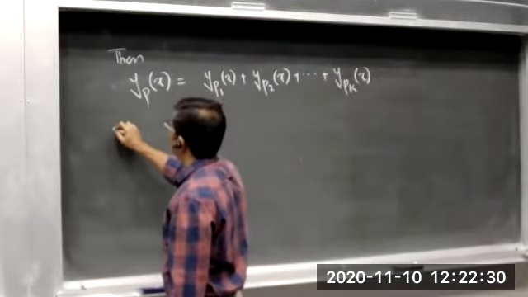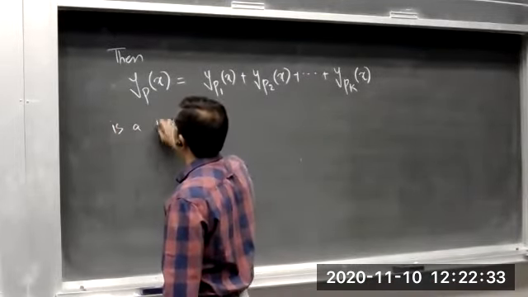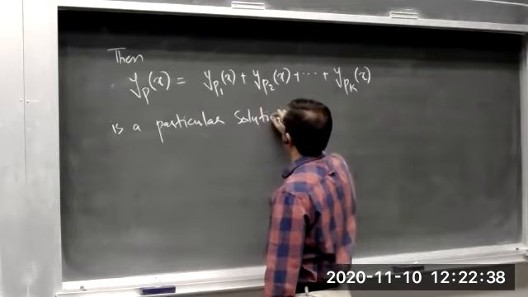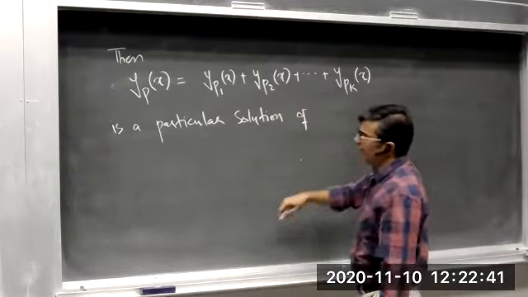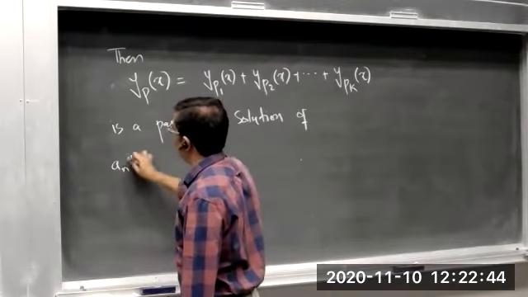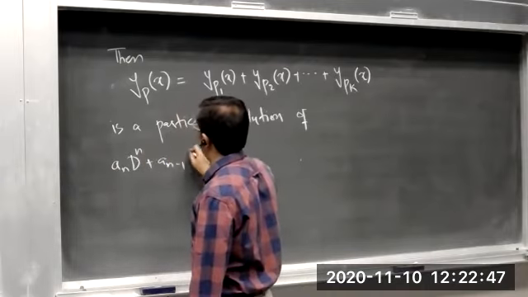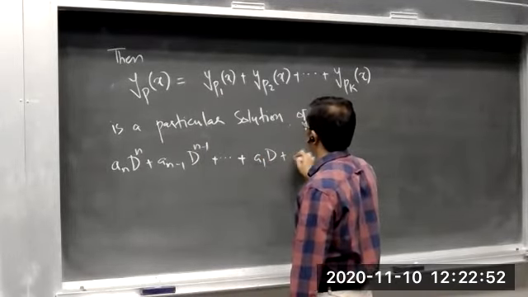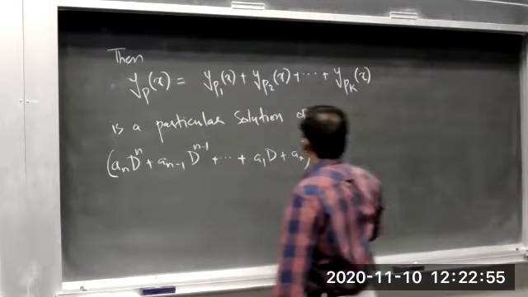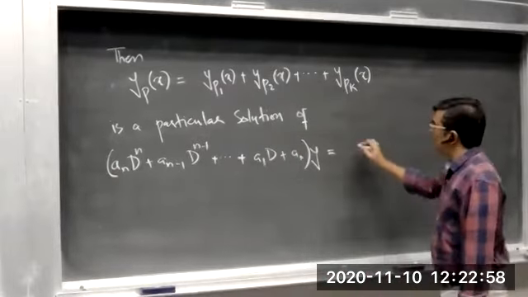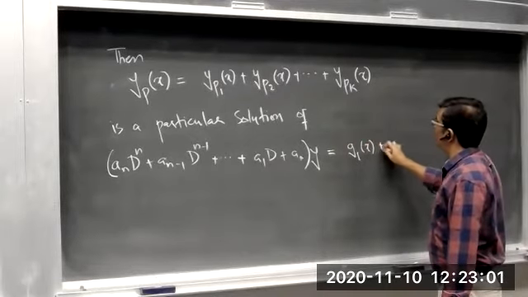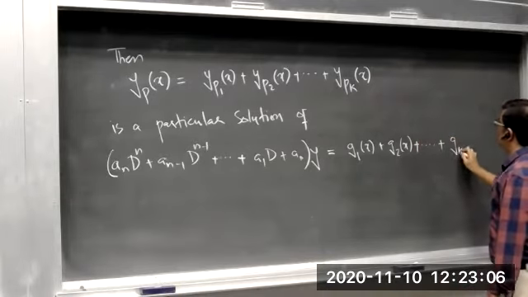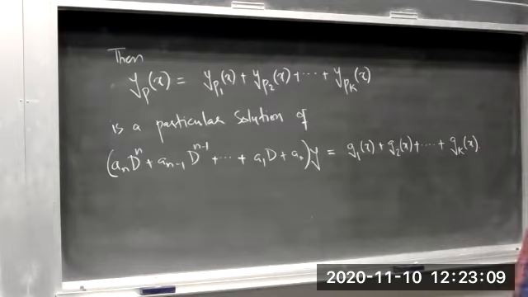Then this is a particular solution of the following ODE, which is a_n D^n plus a_{n-1} D^{n-1} plus so on, plus a_1 D plus a_0, y is equal to g1 of x plus g2 of x plus so on plus gk of x. This one.